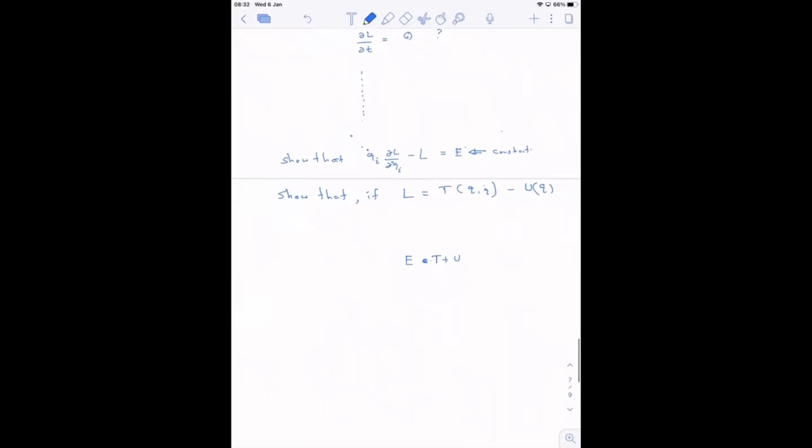And so finally, the conclusion from here is that if the Lagrangian doesn't depend explicitly on time, so we also used to say the system is invariant for time changes, then the energy is conserved.